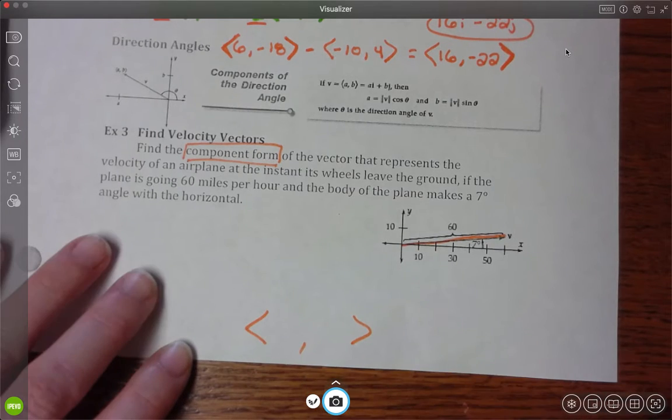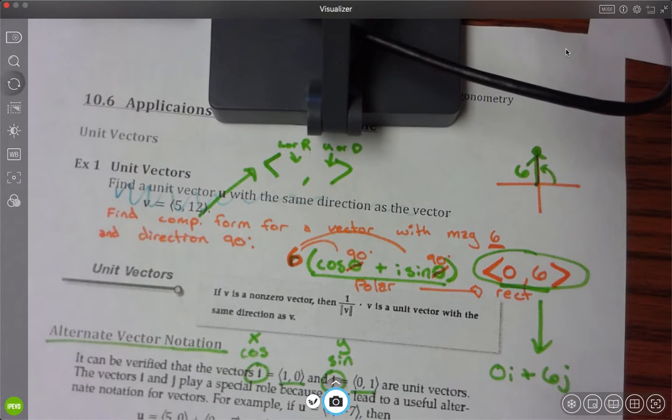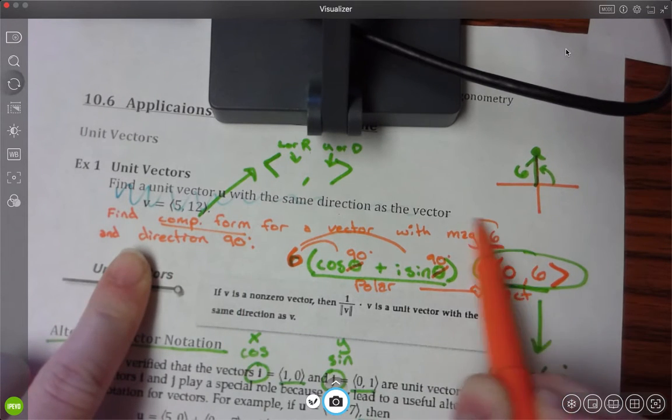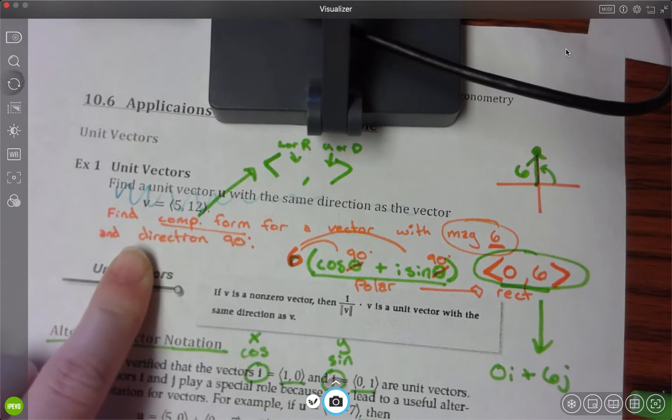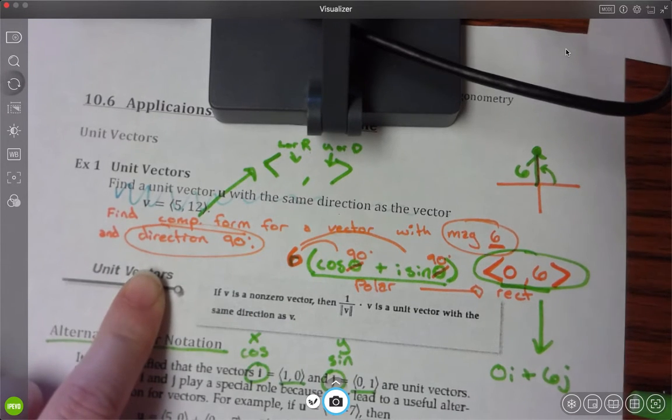To get to that point, I'm going to reference back to example 1. The two things that we need to know if we're going to write a vector in component form is the magnitude of that vector, so how long it is, and the direction that it's going, how angled it is.